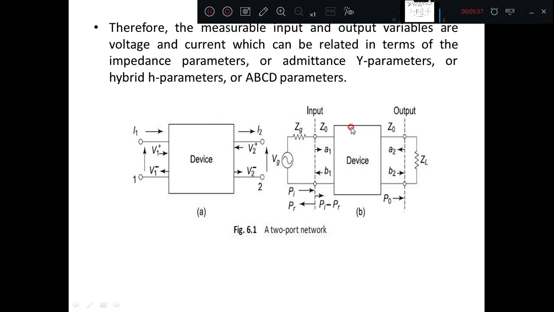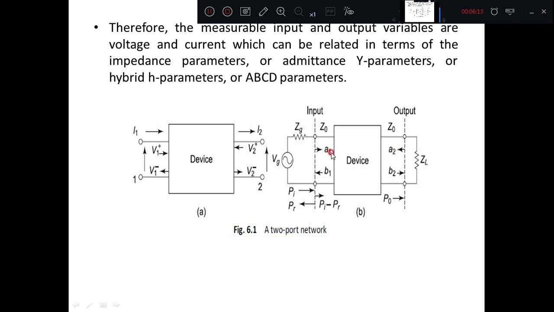Here we have another equivalent two-port network with the input impedance, that is the impedance at the generator side, and here we have the output impedance. This is the characteristic impedance Z0 related to the device, and here we have the external load impedance. A1, B1, A2, B2 are the peak amplitudes of the voltage at the input side and at the output side.